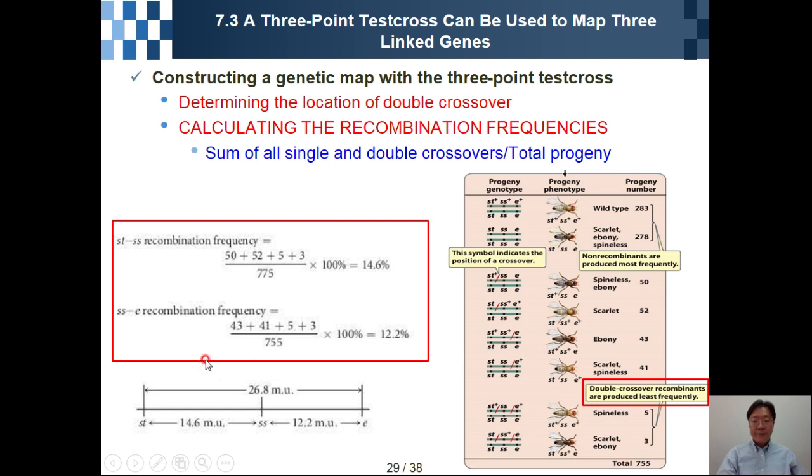So this is the final map. SS is located in the middle, and the distance between SS and ST will be 14.6 mu, and between SS and E will be 12.2 mu. So finally, based on this calculation, the distance between ST and E will be 26.8 mu.